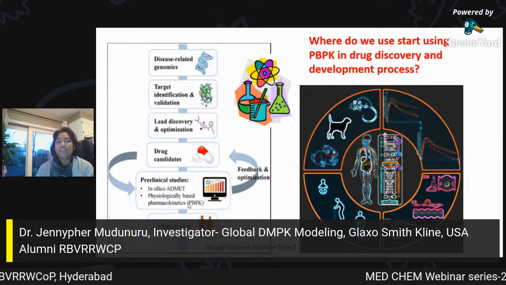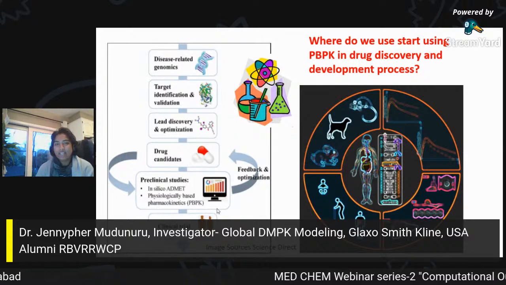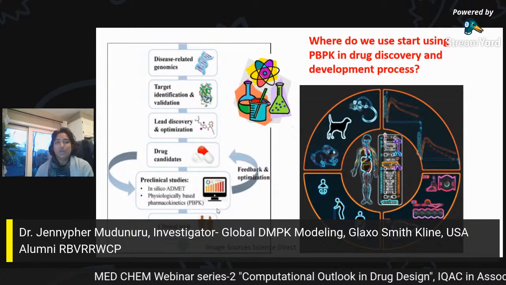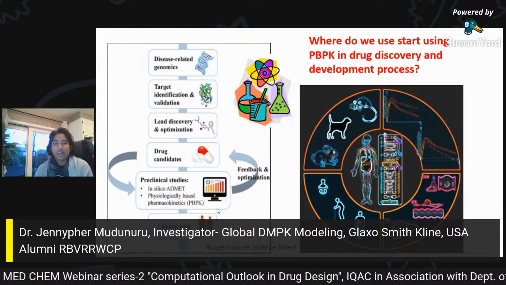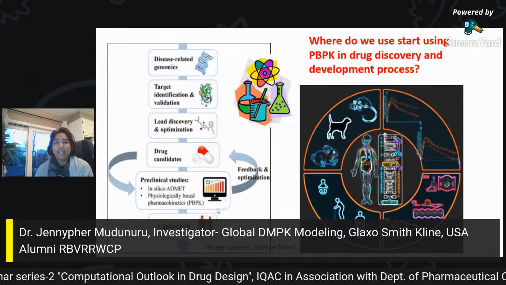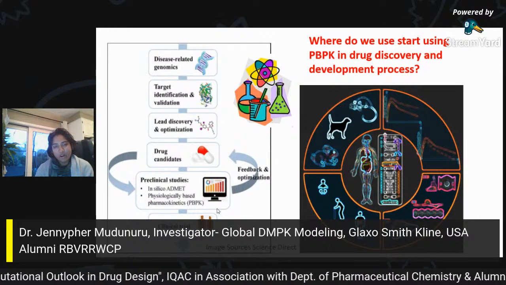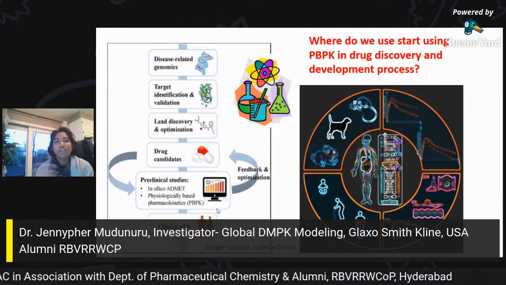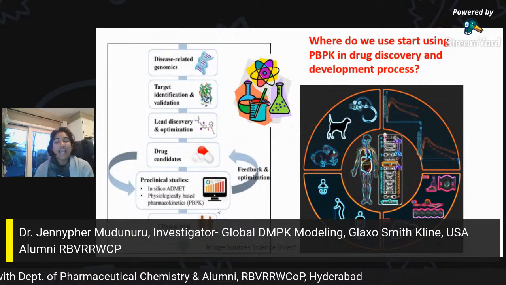This is where physiologically based pharmacokinetic modeling actually comes into the picture. It's not only in humans; there's also computational software where you can use preclinical models. You build preclinical models in animals, which is a virtual model without using the actual animal.